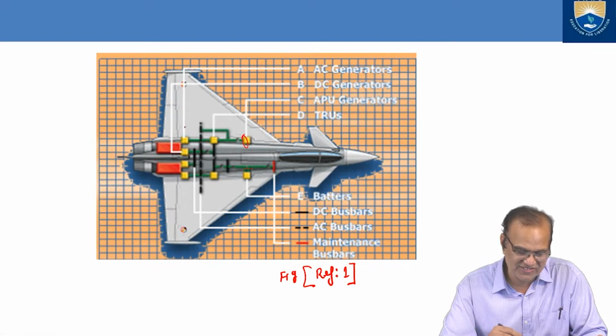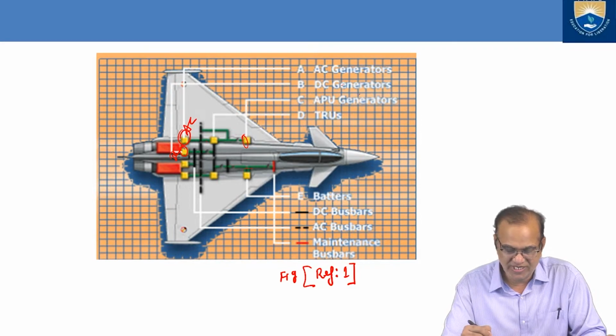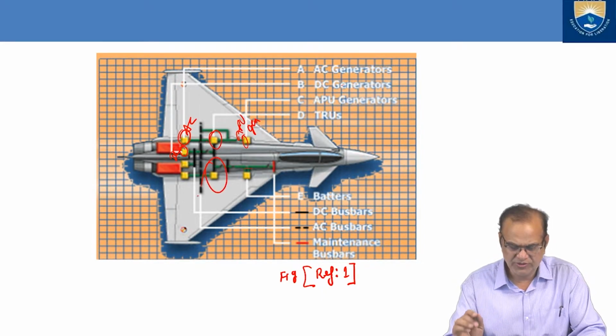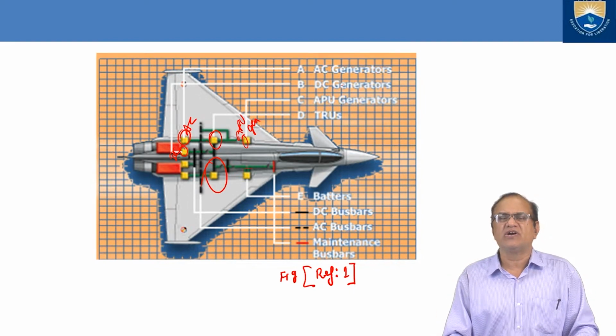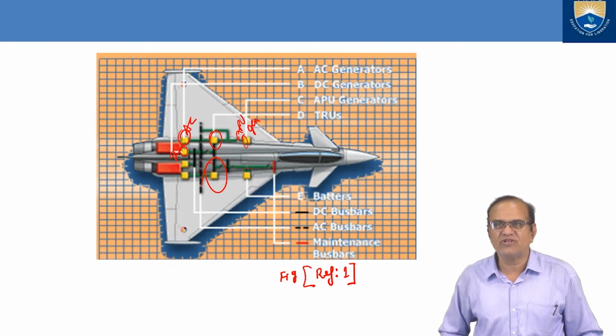Then DC generators are here. This is the AC and this is the DC generators. APU generators are here. This is the APU generator. And these are the TRUs.